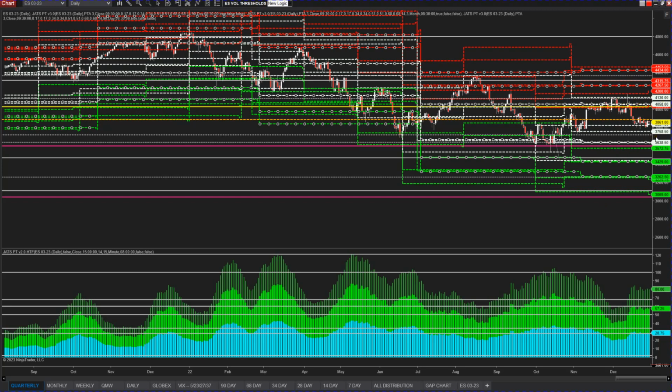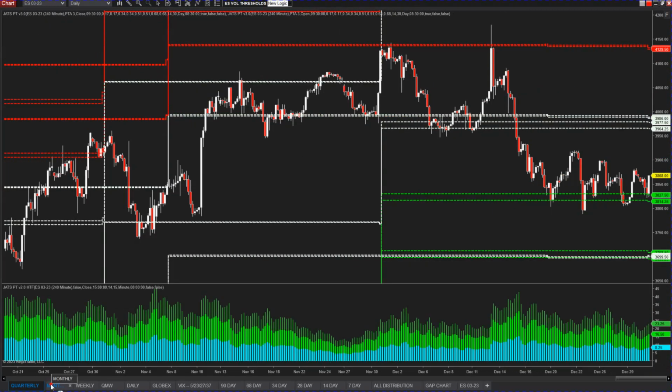And so you could be looking for this first touch of the 3,500 and back up, and have some nice range trading. Definitely be looking at the calendar, the OPEX calendar, and my monthly levels.